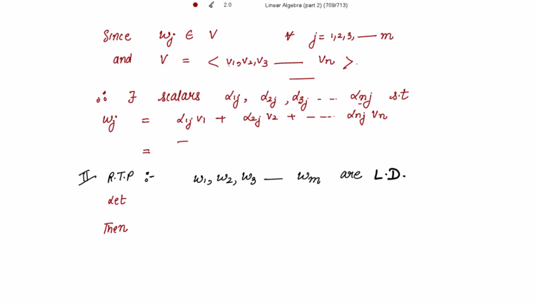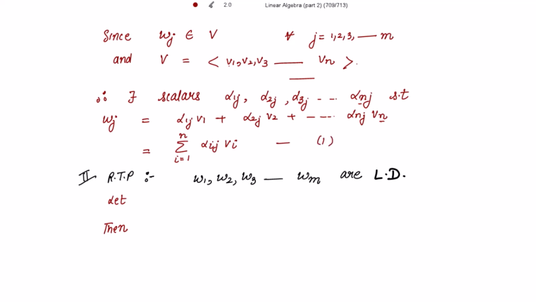So this is equal to the summation, with i going from 1 to n, of alpha ij Vi. Marking this as 1.